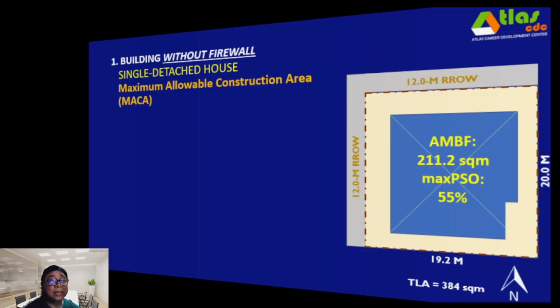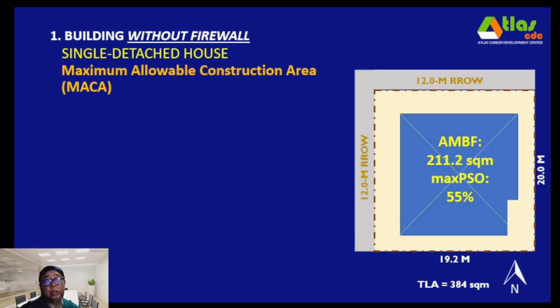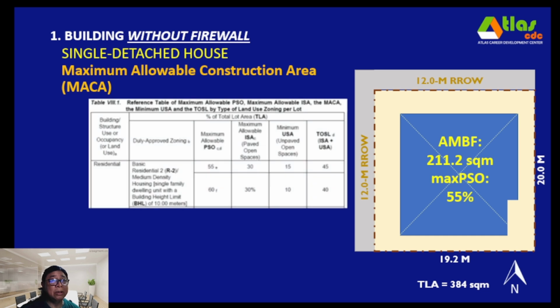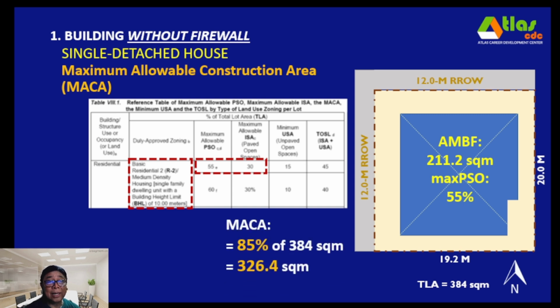So the last value that we're going to determine is the maximum allowable construction area or MACA. And here our reference also is table 8.1. So we only have to add here the values provided for the maximum PSO, 55%, plus the maximum ISA value here at 30%, which will give you the MACA at 85% of the TLA, or 326.4 square meters.